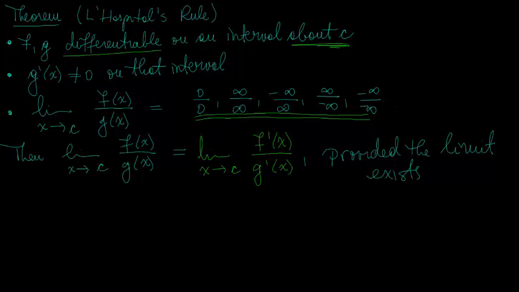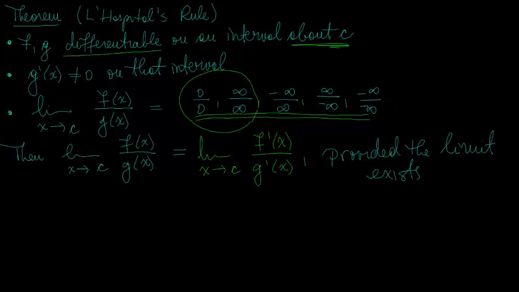Then if, when you evaluate your limit, you run into one of the following indeterminate forms, 0 over 0, infinity over infinity, and slight modifications of that, namely negative infinity over infinity, infinity over negative infinity, and negative infinity over negative infinity.